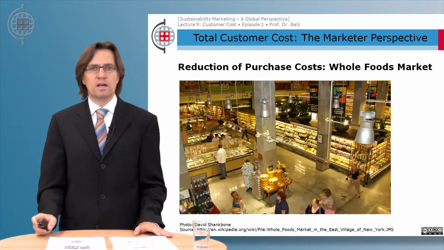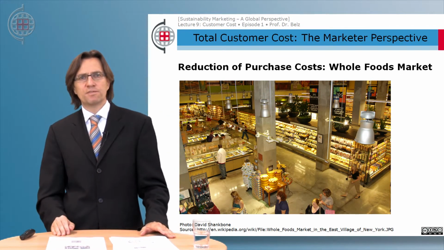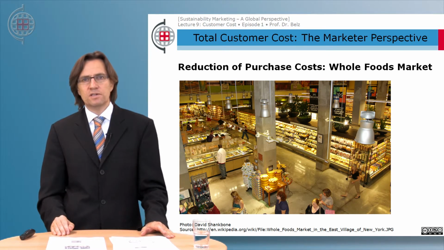Let's go on and have a look at purchase costs. A good example for reducing purchase costs is Whole Foods Market in the United States. Here you see a large organic supermarket in New York City.